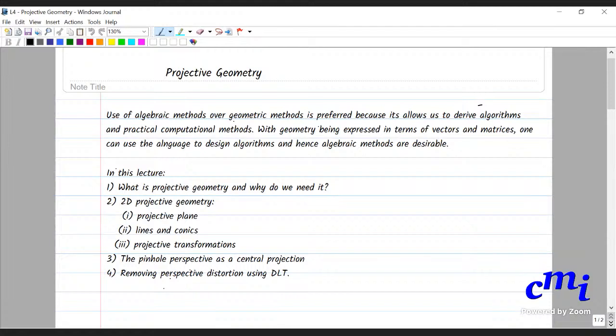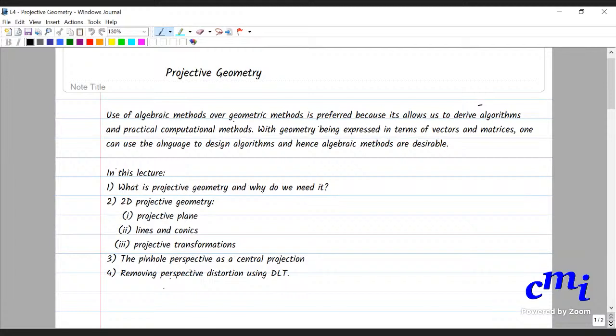So now, since parallel lines are not preserved, when we talk about points in the plane, we don't want to keep on singling out parallel lines.